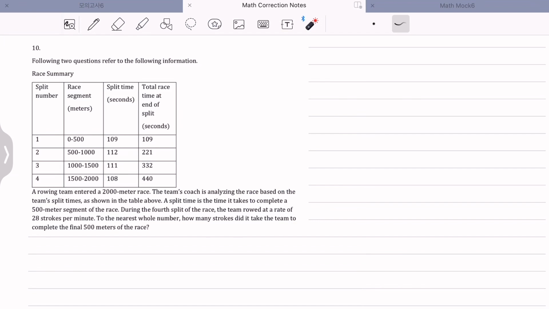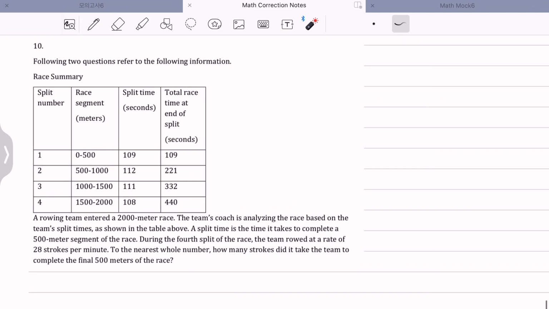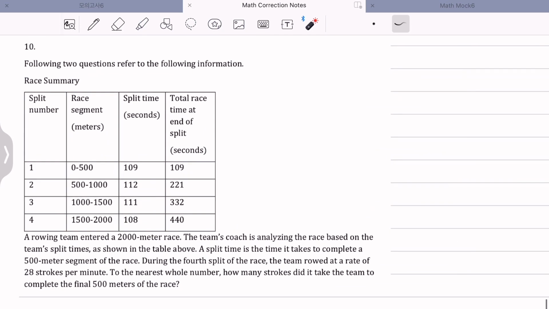Next question, number 10. The following two graphs refer to the following information. Race summary. Let's read the question below first. A rowing team entered a 2,000-meter race. The team's coach is analyzing the race based on the team's split times as shown in the table above.